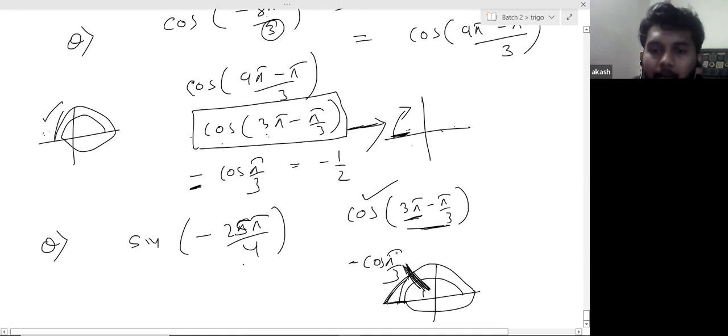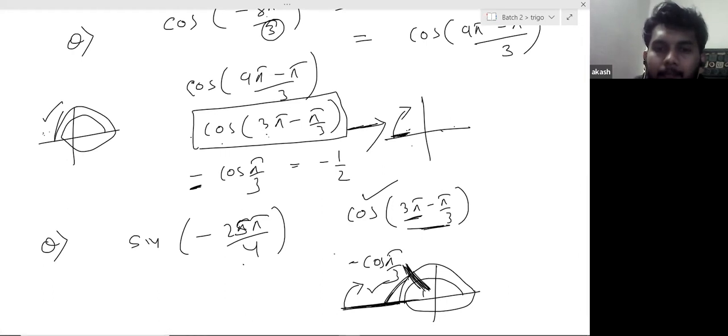In second quadrant, cos is negative. 3 pi means you are standing on the negative x-axis. Minus pi by 3, you move back. So second quadrant. All right. Okay. Solve this one.